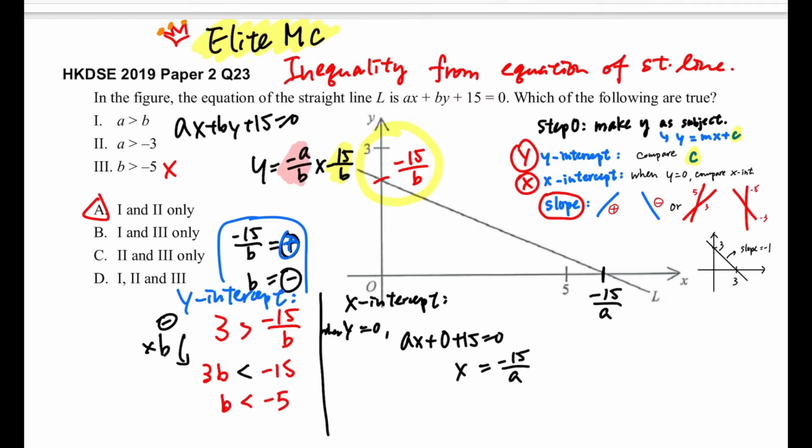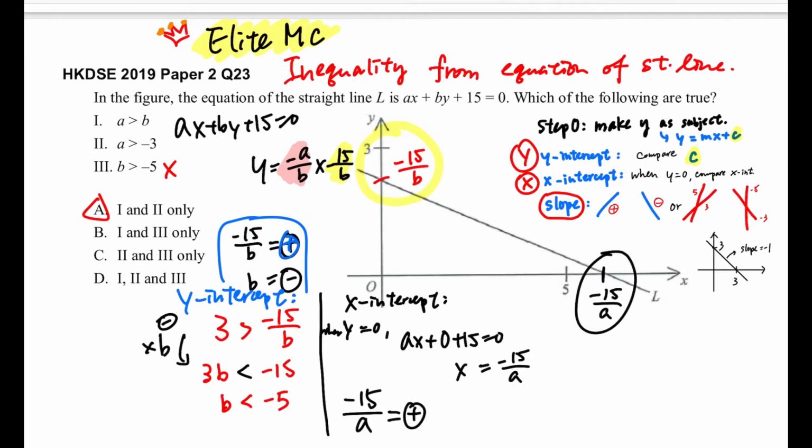If it is negative 15 over a, then we can mark it here, negative 15 over a. Same case, we can determine whether a is a positive value or negative value. Negative 15 over a is at the left side of the x-axis, right? And then it means it will be a positive value as well.